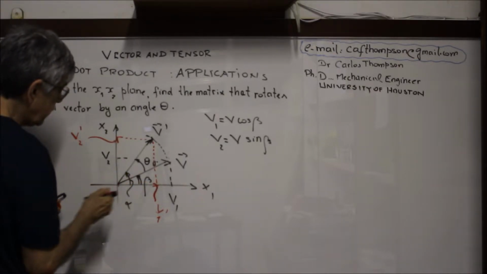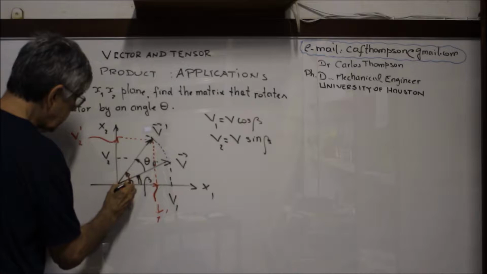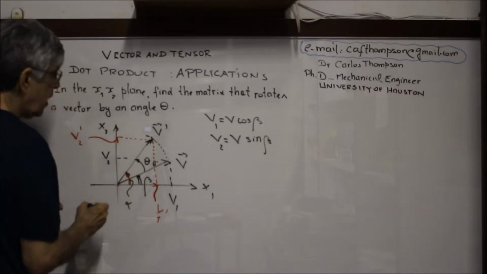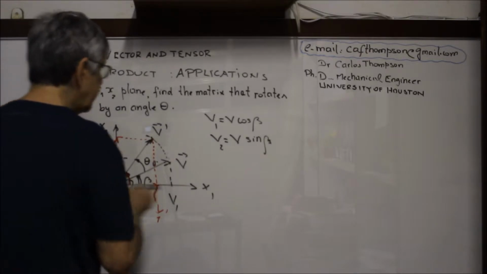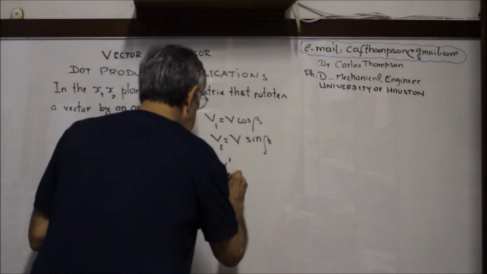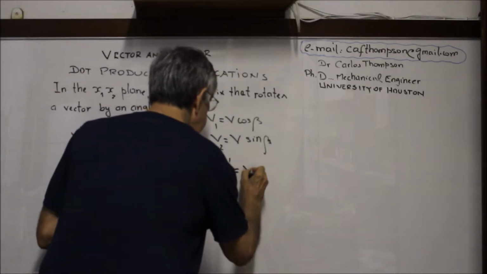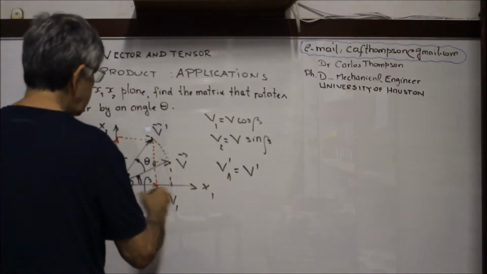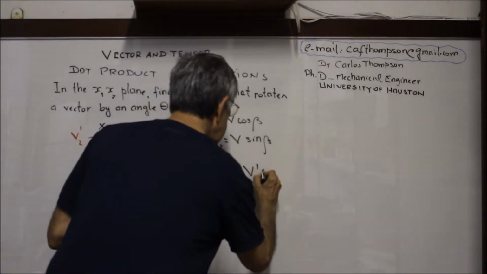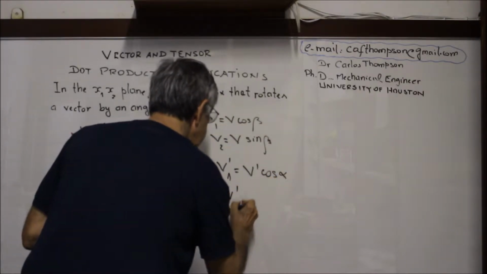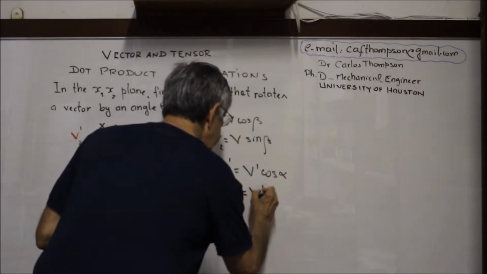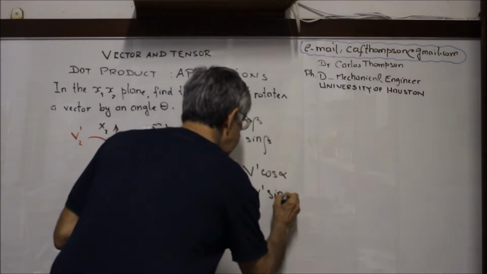You see alpha, this angle here. Then v prime 1 is v prime cosine of alpha, and v prime 2 is v prime sine of alpha.